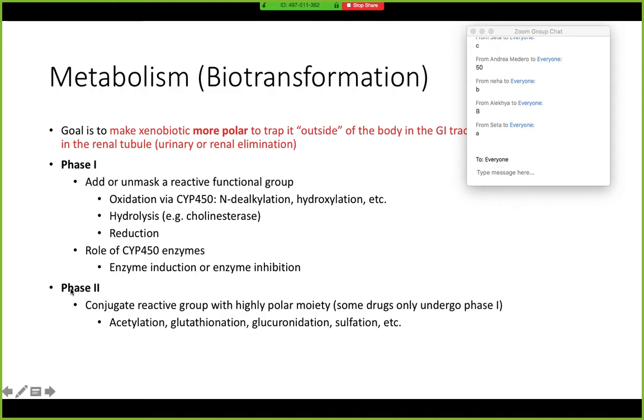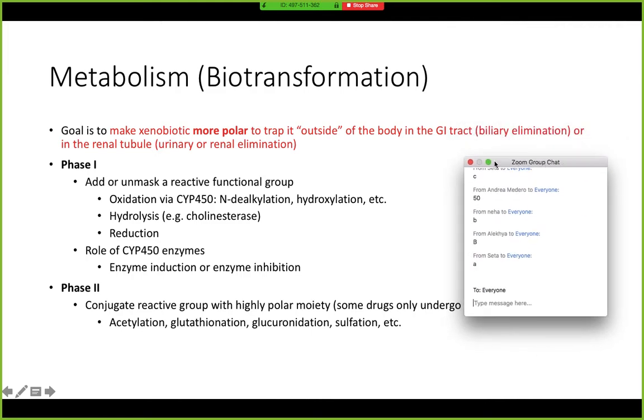And then in phase 2, the big thing to know is that you're conjugating reactive groups with highly polar moieties. So basically, the point of this is making something more polar to trap it outside the body, outside meaning in the GI tract or in the renal tubule for either biliary or renal elimination.